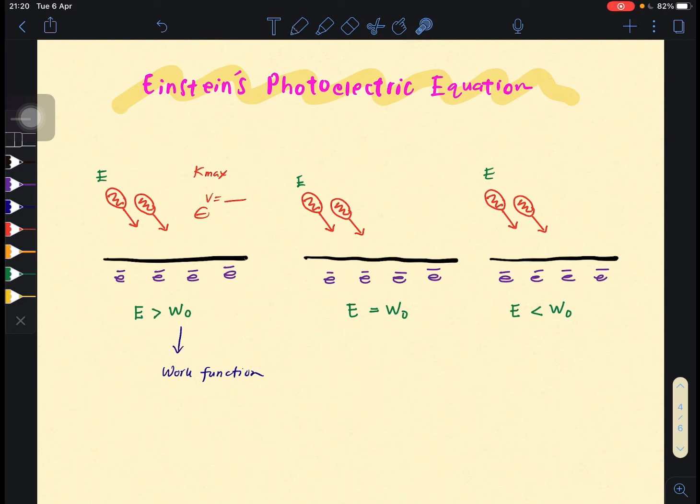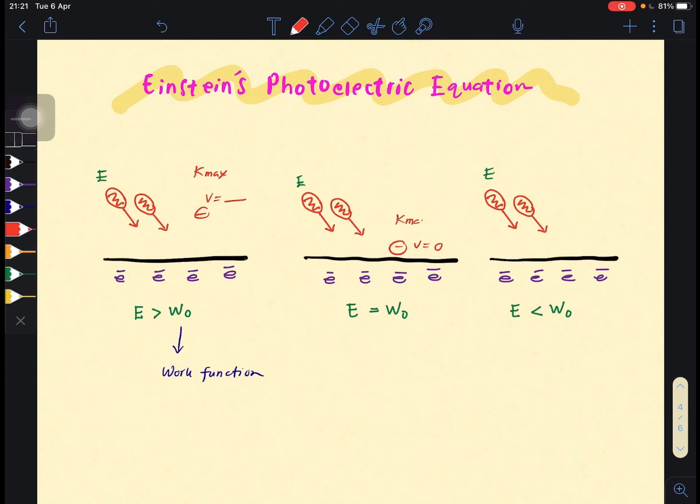The second condition is when the energy from the photon is equal to the work function. If equal, the electron will still be released, but its velocity is equal to zero. It will be released from the surface, but it will stay here, which means velocity equals zero.